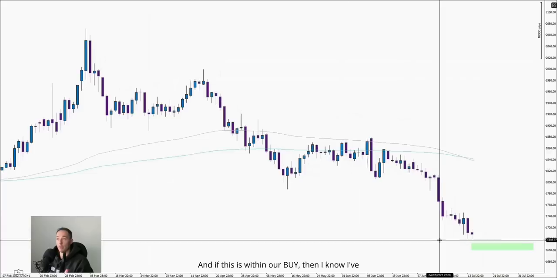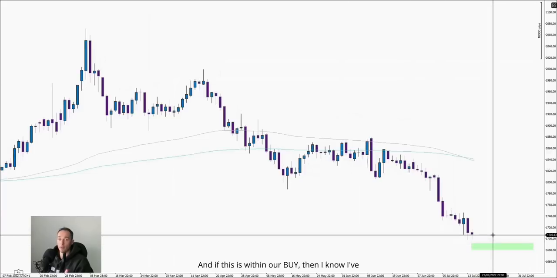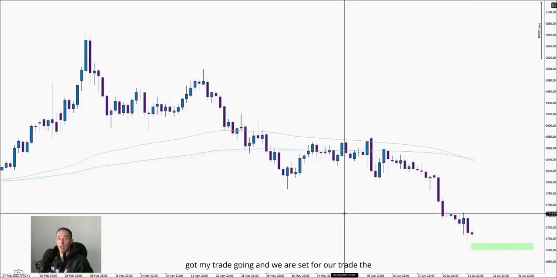And if this is within our buy, then I know I've got my trade going, and we set up our trade the way we just described it, and we just follow the momentum and go to the next target. So we'll see where we go with this potential trade, but so far it still looks like they are in line, and I'm going to try to demonstrate that once they perfectly line up, they do reach a bigger potential and better odds of success.